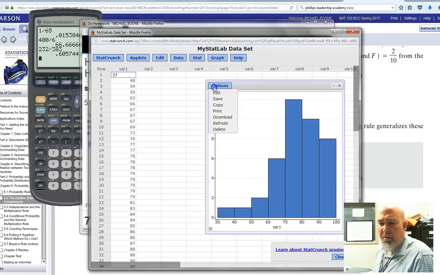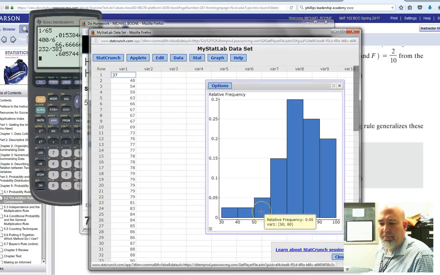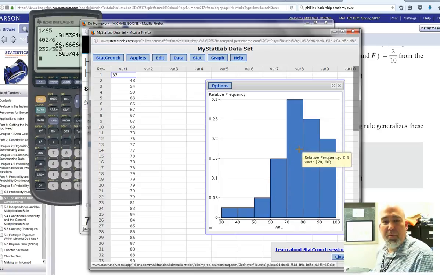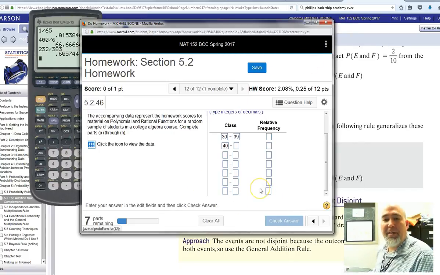I believe we can probably get this to give us relative frequency instead. So when we click on it, we can get 0.05 as our frequency, 0.15, 0.3. That would just be a way of making that problem go a little quicker. And if we had larger sets of data, it makes it realistic to do. But that will help you with question 12.